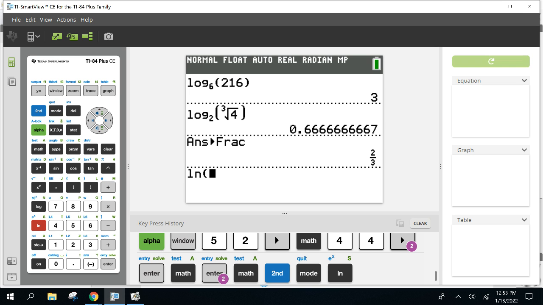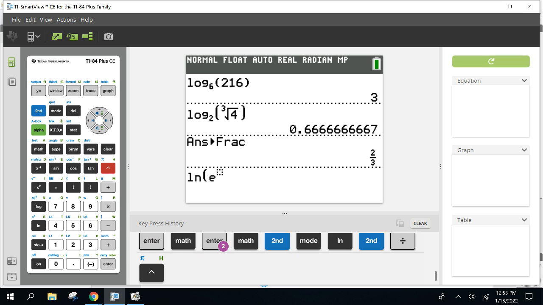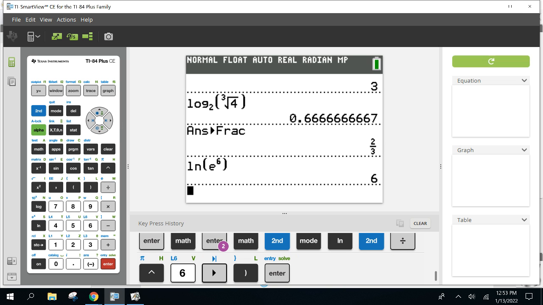Remember where the e was? Second division. Make sure we raise it to the 6, the e. And we'll still get 6. Right? So if you see it, great. If not, I can use the calculator. All right, that was fun. Now we have to actually do some math.